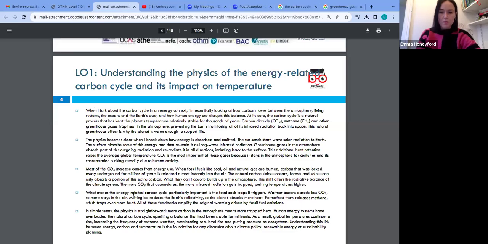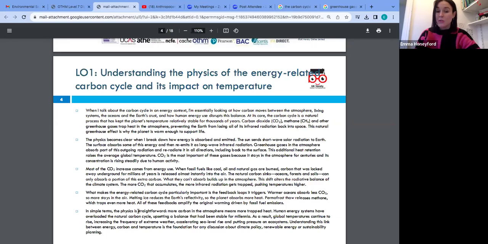So what makes the energy-related carbon cycle particularly important is the feedback loops it triggers. Warmer oceans absorb less CO2, so more stays in the air. So it has a knock-on effect that we are then losing the oceans as storage for CO2.